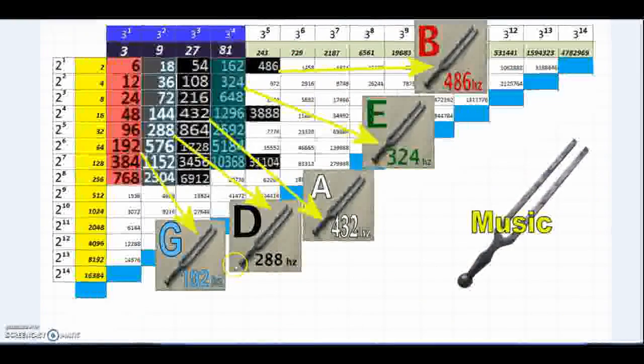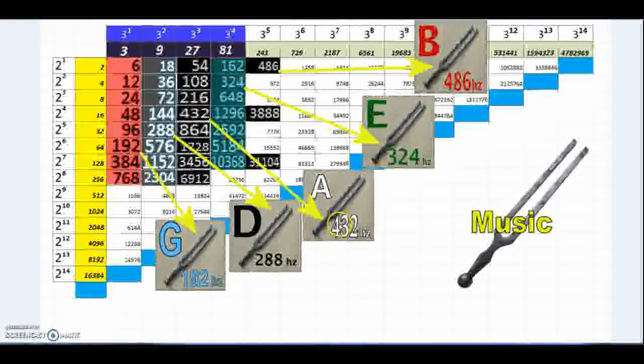So it's also at 486 for B, so that's the previous numbers, and we see the music scale. Now that's 192 is to 288, that's a 2 to 3 ratio. And then 288 to 432 is a 2 to 3 ratio. 2 to 3, just like in the Vesica, 2 to 3, and that's the perfect fifth.